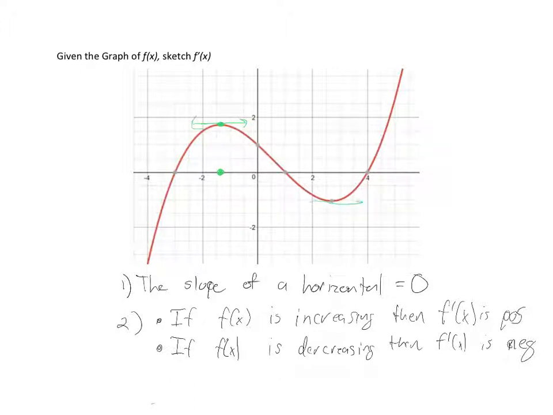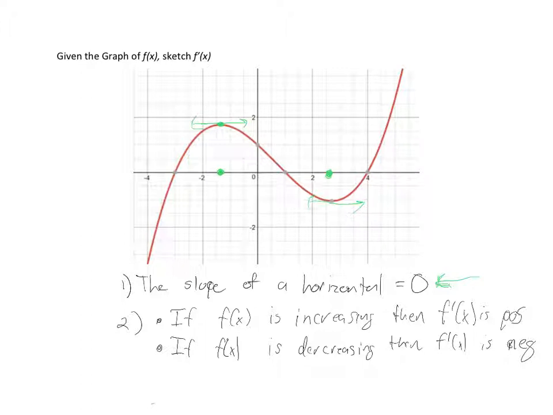If I look at this point over here, again, f prime of x is 0. Okay, so that gives me two dots to sketch. So I started with this first fact to get those 2 points. That's where the tangent line is 0.